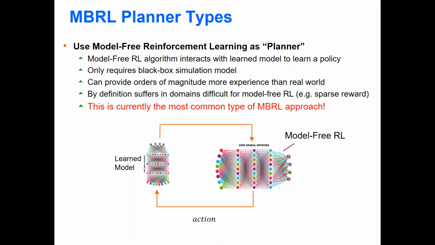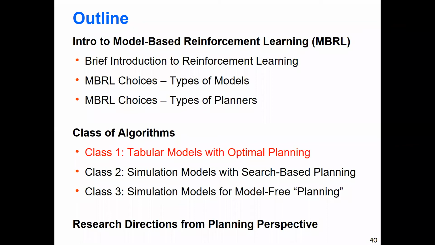Another reason is that a lot of work these days is in continuous action spaces, and there are not many really good planners for continuous action spaces, whereas there are a number of model-free RL algorithms for continuous action spaces. So there are a few reasons why this is trending, but I hope it's going to change, hopefully with a lot of your own work, those of you that are watching this. All right.